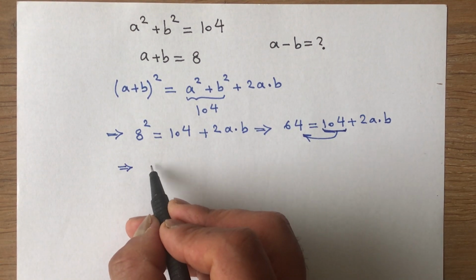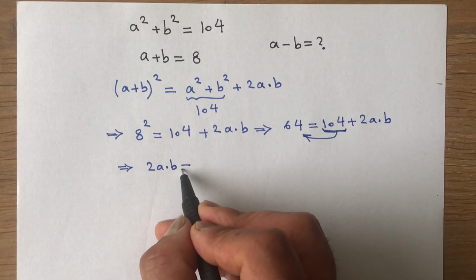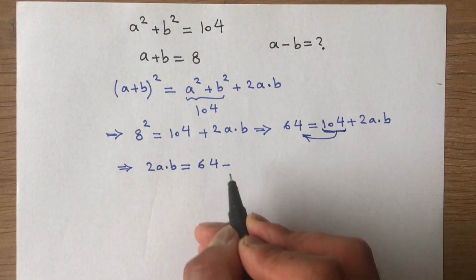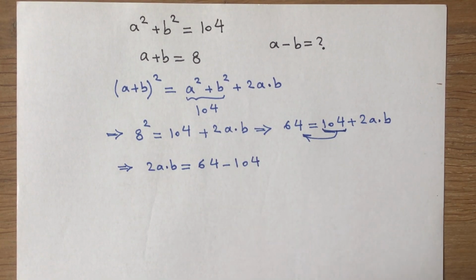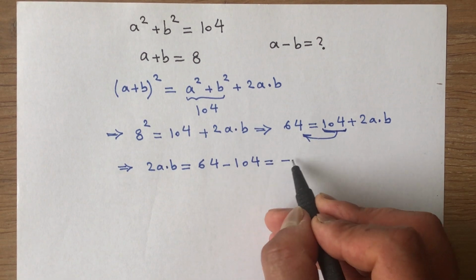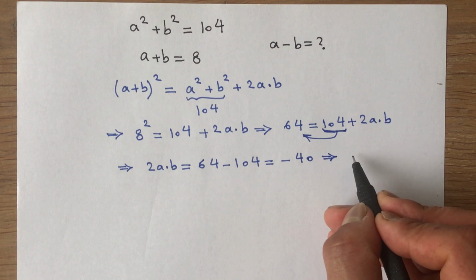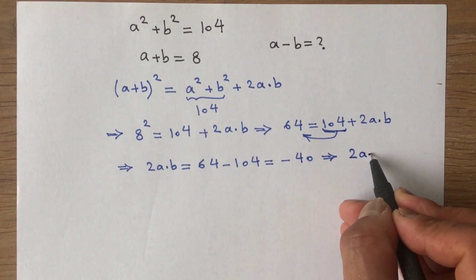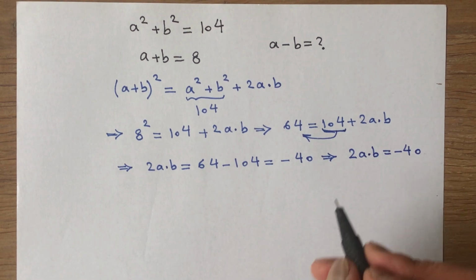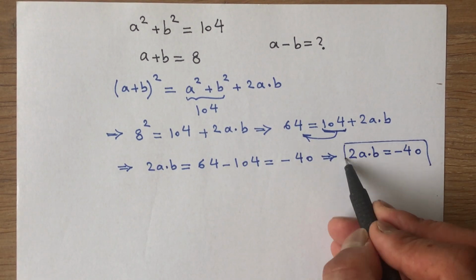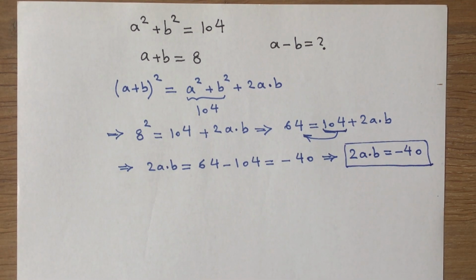Therefore, 2a times b is 64 minus 104, and it's minus 40. Therefore, 2a times b is minus 40. I just keep this result and use it in the next step.